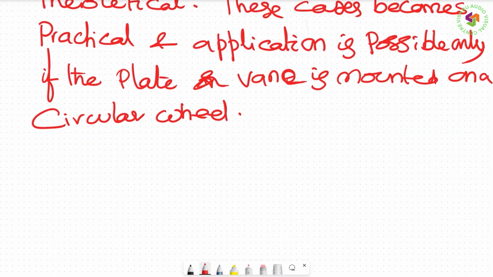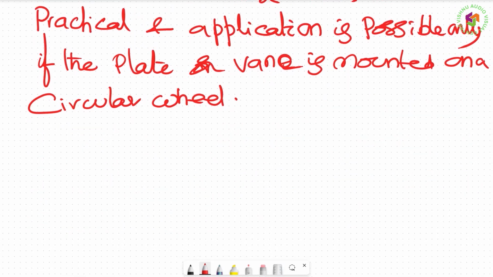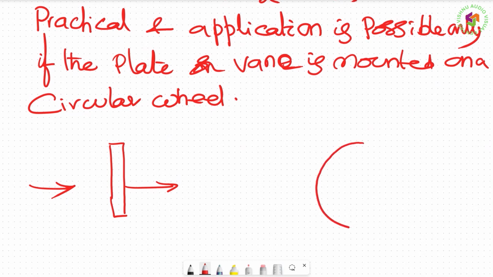That means instead of a single plate where the jet is striking like this, moving, which is not practically possible, you take a wheel, and on this you keep a number of plates.